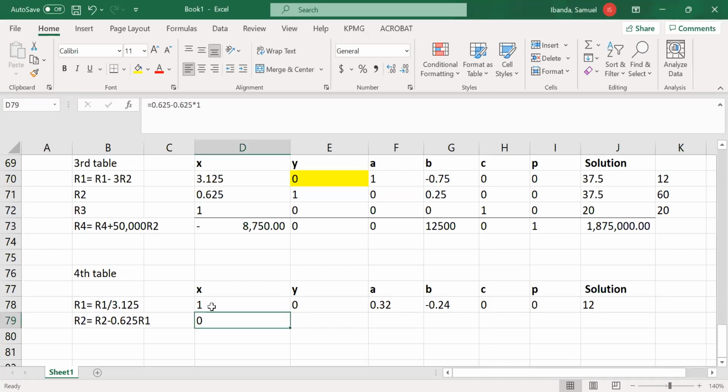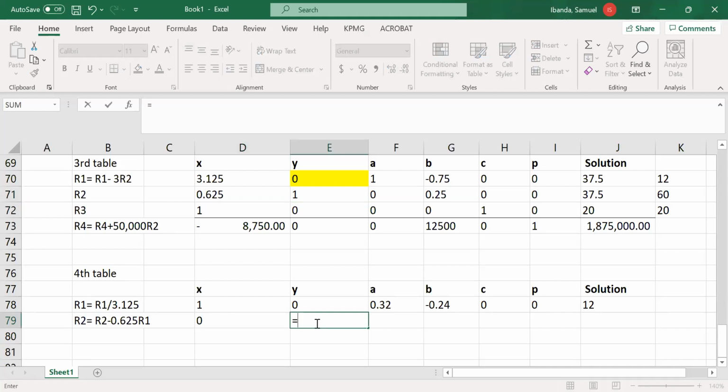Now, the next thing I have to do as well is make sure that this one is also 0. Let me first finish this row. So this will be R2, the one that is existing, minus 0.625 times 0.